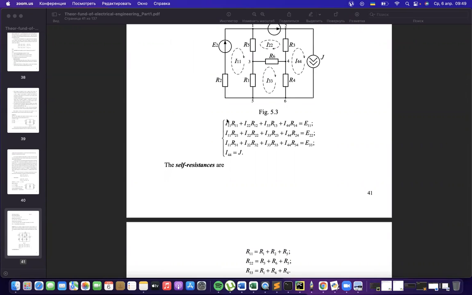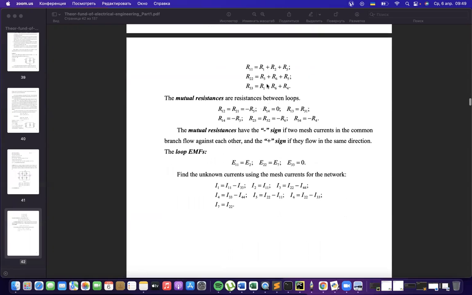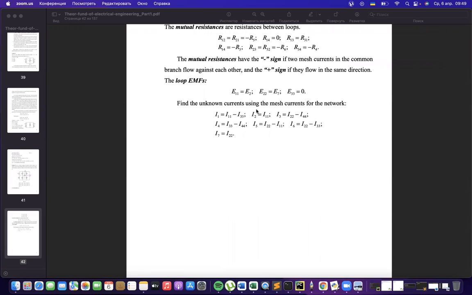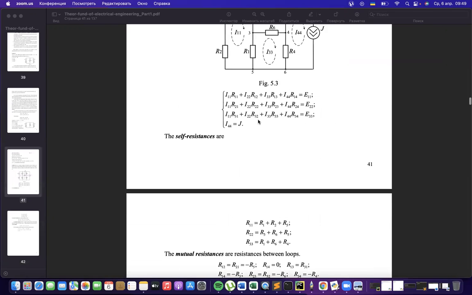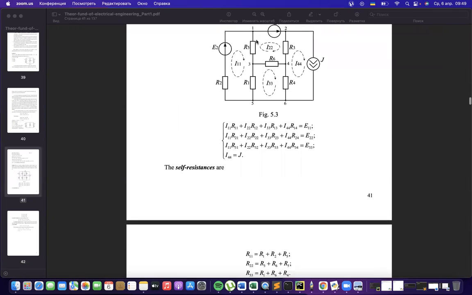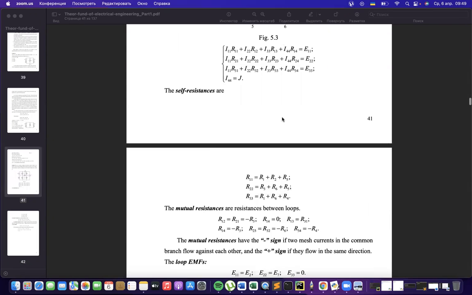For this system, we are looking for 3 unknown mesh currents, first, second, and third. Then, after we find mesh currents with double index, we are finding the real currents with single index, just the real currents that flow in our branches.